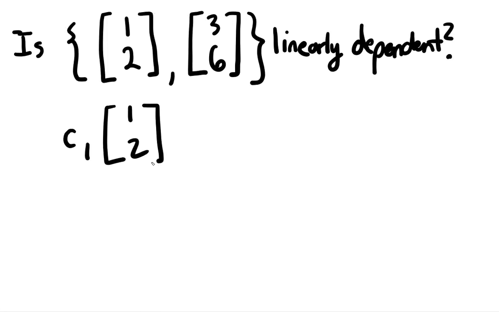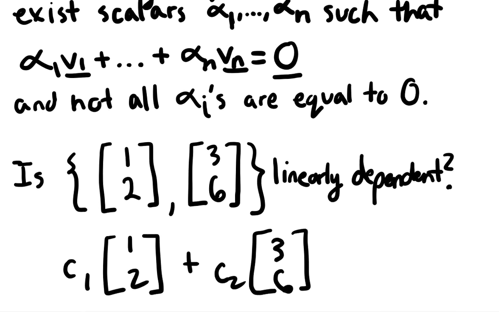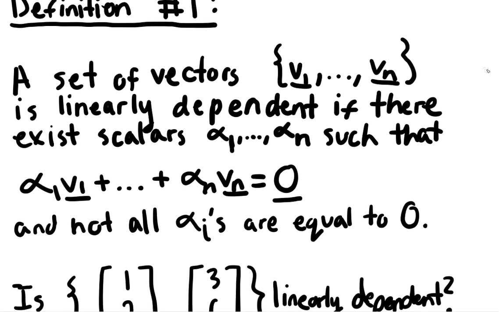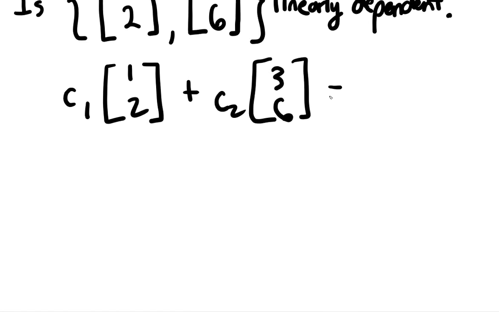We can assign the scalar c1 to the vector 1, 2, and the scalar c2 to the vector 3, 6. Going back to the definition, we want to know, is there some linear combination of these vectors such that it equals the zero vector? So we can just set our equation equal to the zero vector.